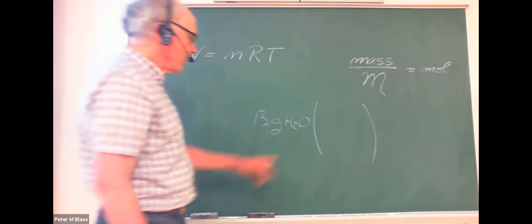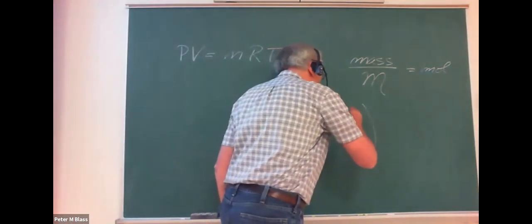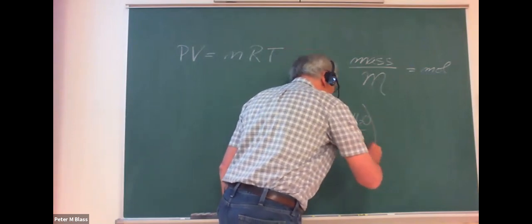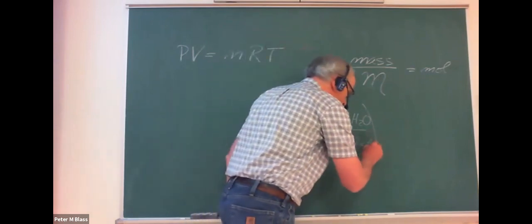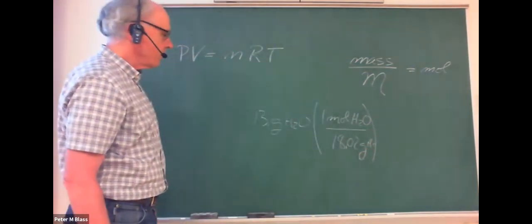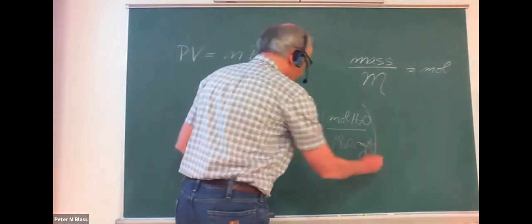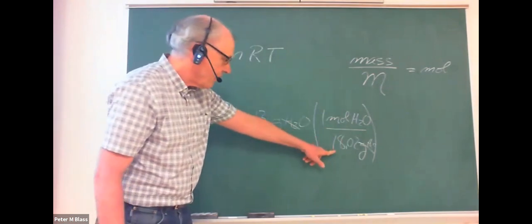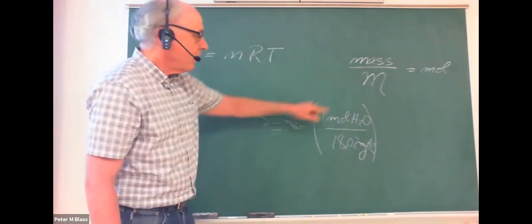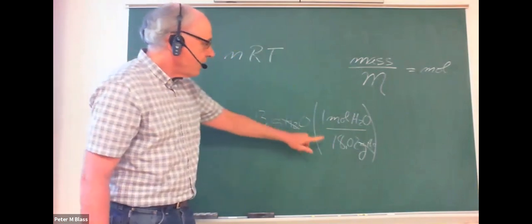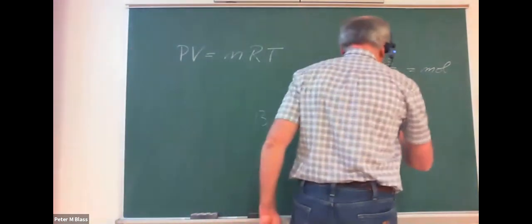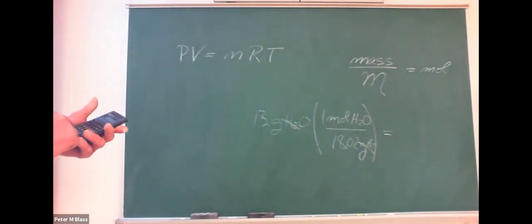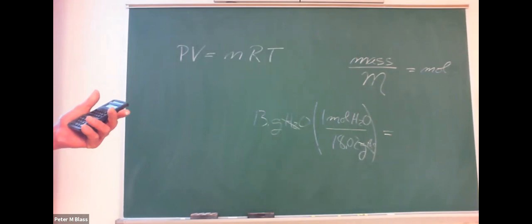But I need it upside down. 1 mole H2O over 18.02 grams H2O. I'll write H2O in there, okay? And that's how we get it. Grams of H2O cancel. We've been doing this since the beginning of the term, okay? But you're dividing by the molar mass, aren't you? And this is what I'm saying here. The mass divided by the molar mass gives you the moles. If we want to, we can figure out 13 divided by 18.02 is 0.72.